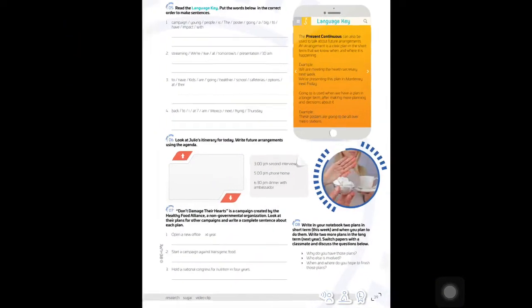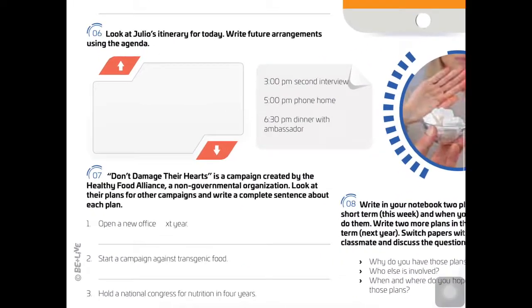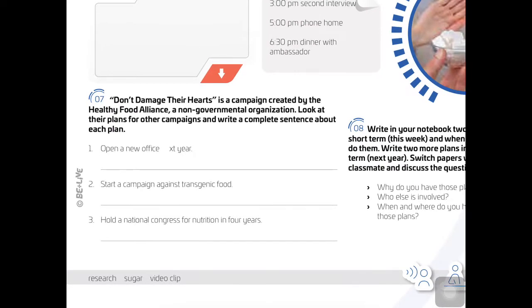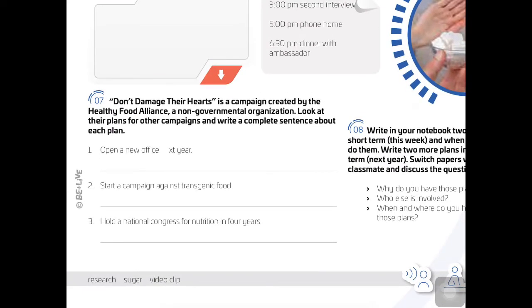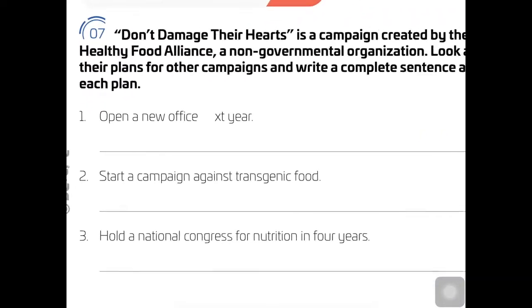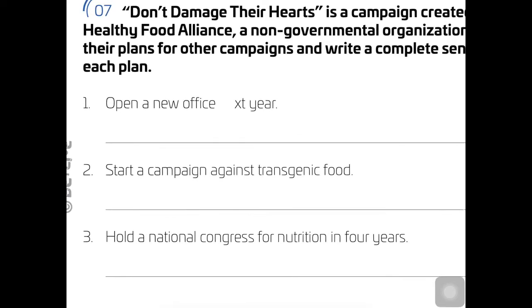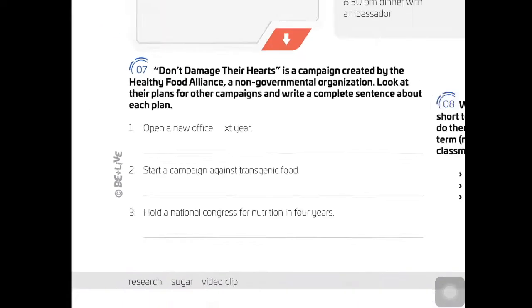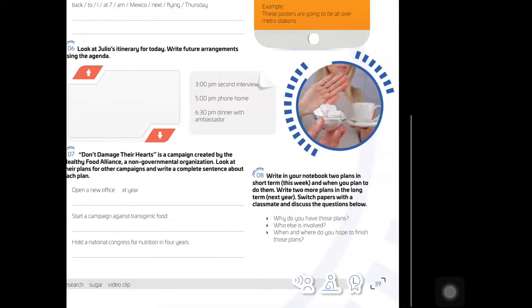This is the campaign, okay, that you have to listen to, and then you have to write sentences about each plan. What plans? Open a new office next year, start a campaign against transgenic food, and hold a national congress for nutrition in 4 years. Okay, very good.